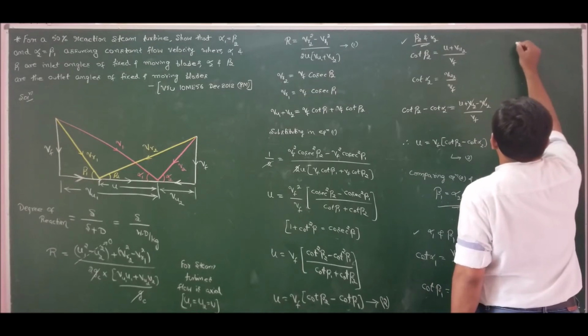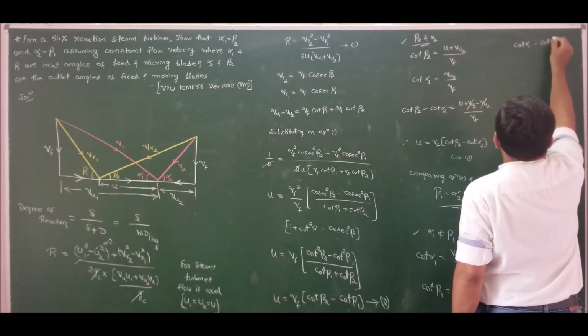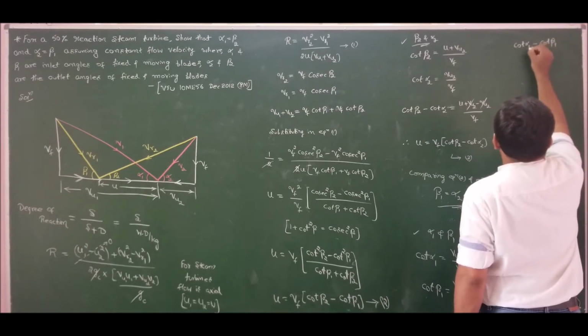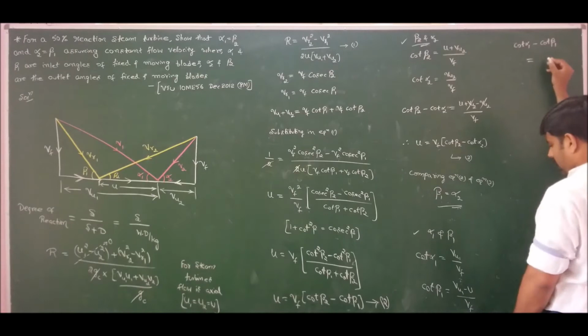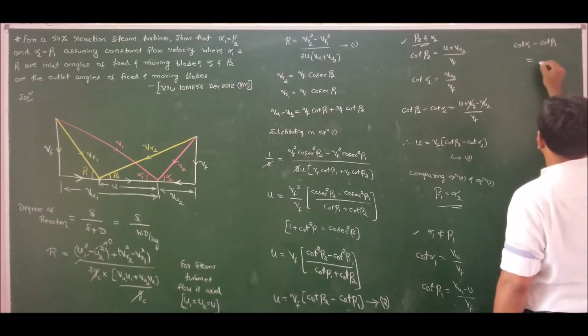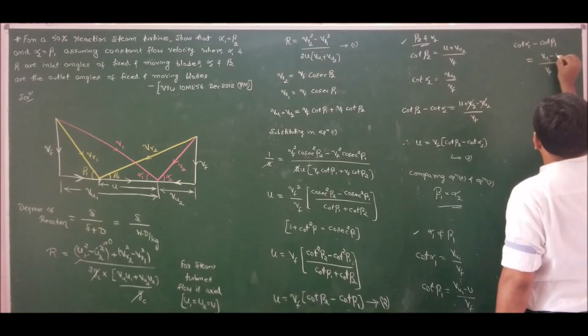So cot alpha 1 minus cot beta 1 can be written by taking Vf as LCM, and I get Vu1 minus Vu1 plus u.